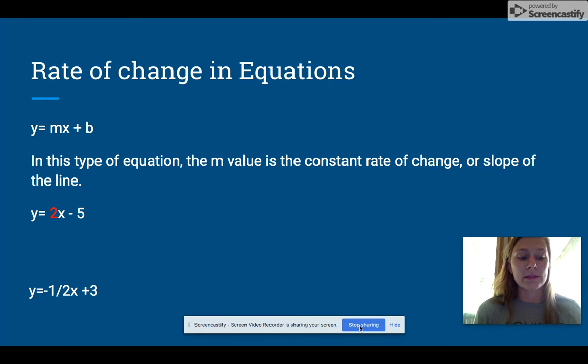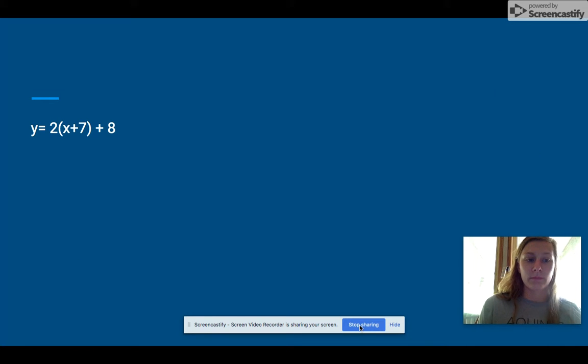For this next equation, y equals negative 1/2 x plus 3, you can try and figure out what the rate of change is. And the rate of change is negative 1/2. Here's another, y equals negative 6x plus 4. The rate of change is negative 6.